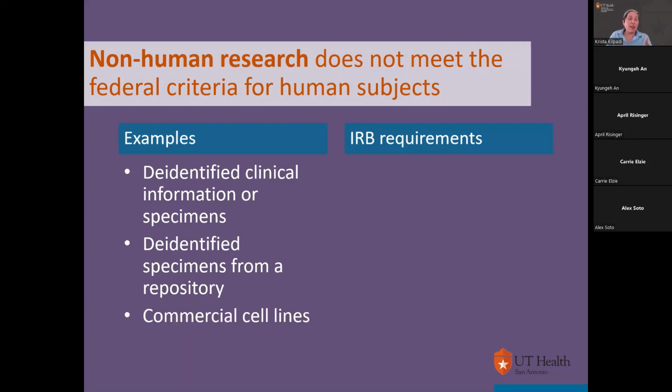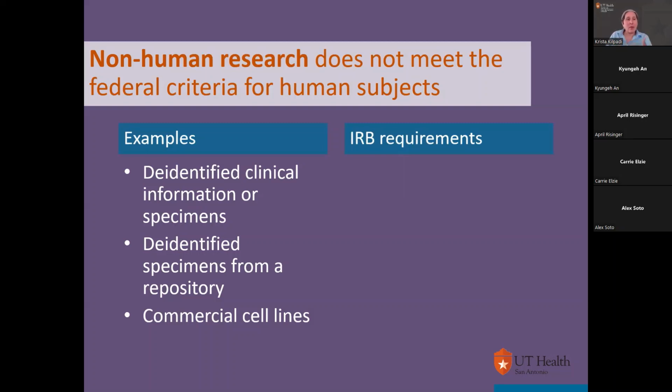And finally, we also have commercial cell lines here. If you're getting cell lines from whatever company, or even somebody else's lab, that have been established, and you don't know anything about where they came from, unless they're HeLa cells where we know a little bit more, but in most cases we don't know who those cell lines came from, it's going to fall under non-human research.